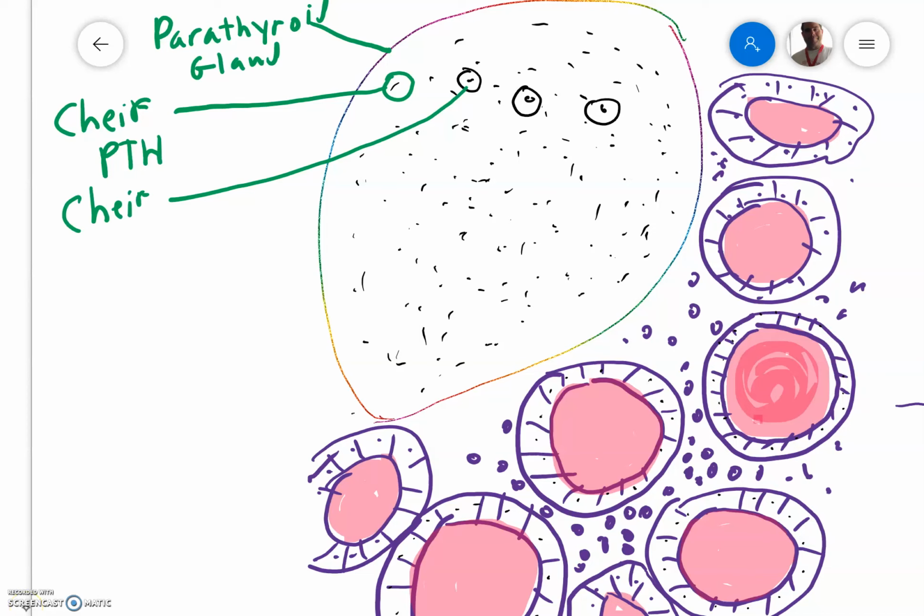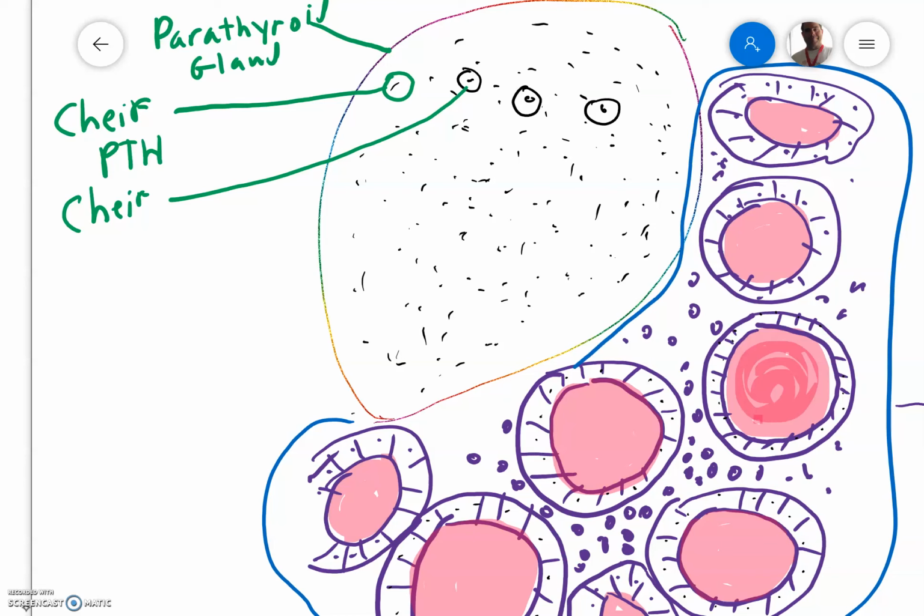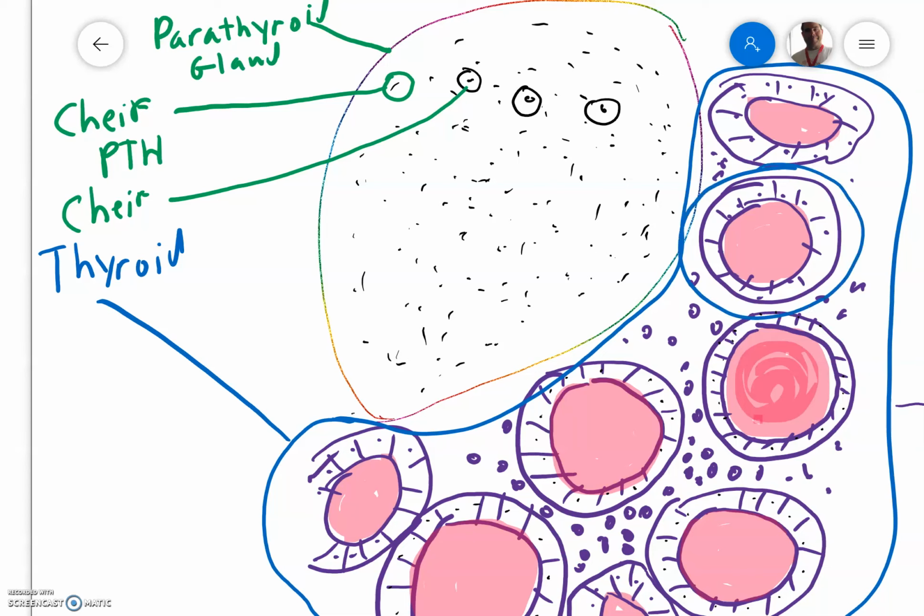So that means the rest of this picture is all the thyroid gland. And it's made up of thyroid follicles. So this whole thing would be a thyroid follicle. Now, what's in the middle is something called colloid.